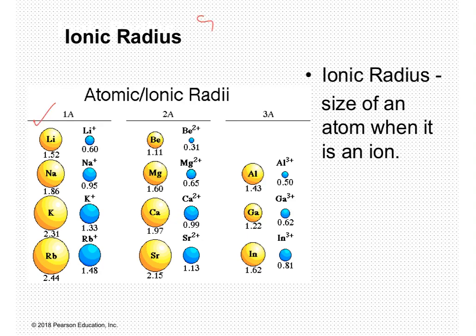I'm not sure if you remember, but metals, which are located to the left of the stair step on the periodic table, tend to lose electrons to become cations, right? And nonmetals, which aren't shown on this slide, but they're to the right of the stair step, tend to gain electrons and become anions.